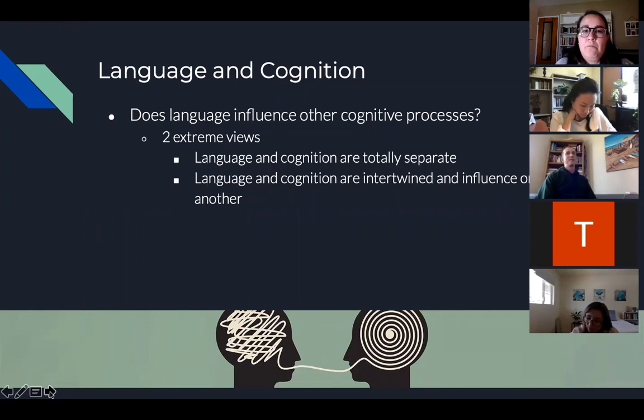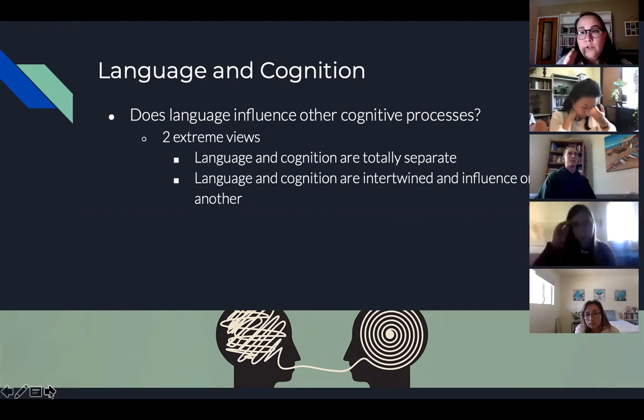So on the more extreme end of the spectrum of this debate is that language and cognition are totally separate. Your linguistic abilities are very different from your other cognitive abilities, like your problem solving, for example.